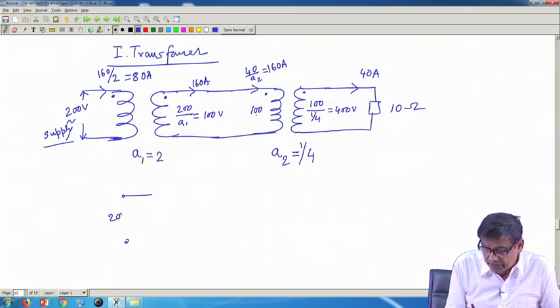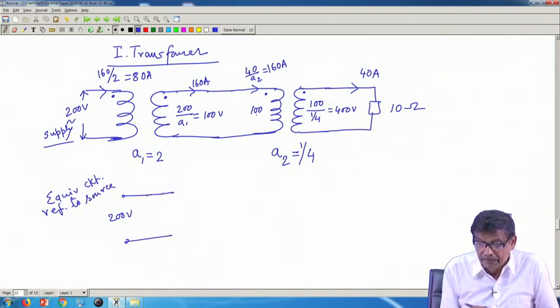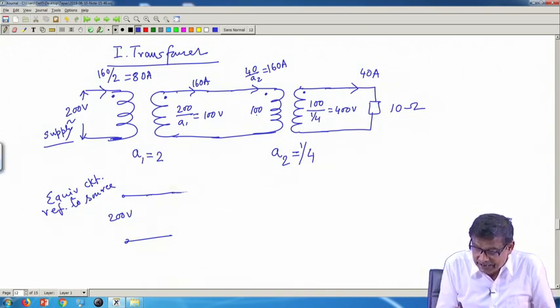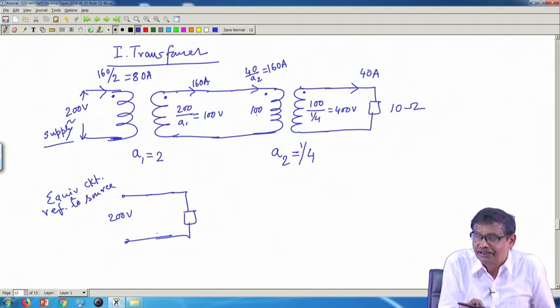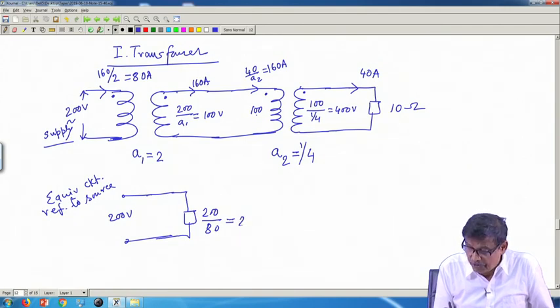This is 200 volt, so the equivalent circuit referred to the source will be, if you have solved this, this impedance will simply be this voltage by this current, 200 by 80. How much is it? 2.5 ohm.